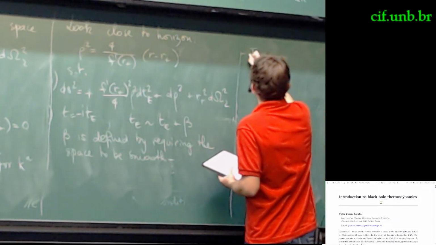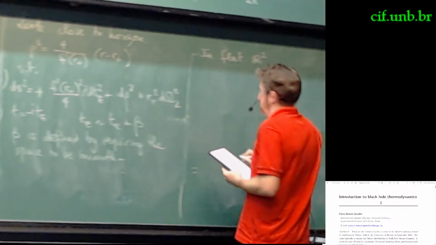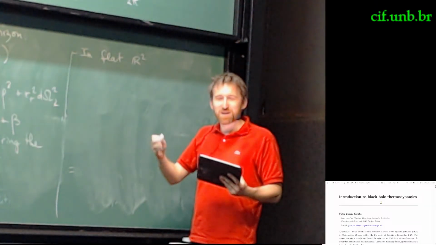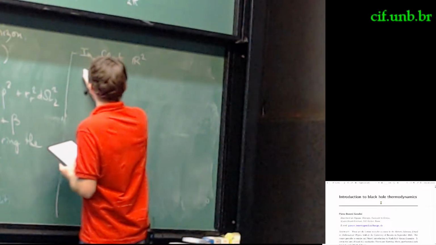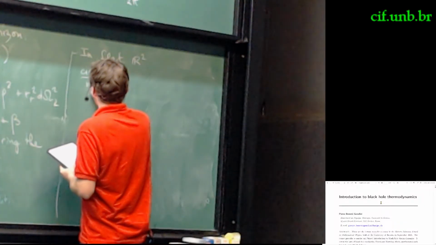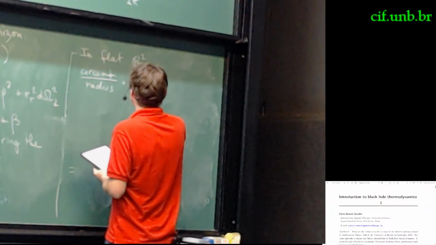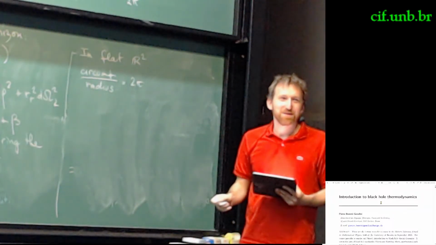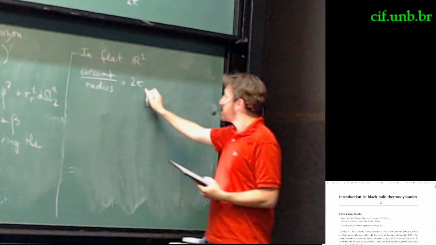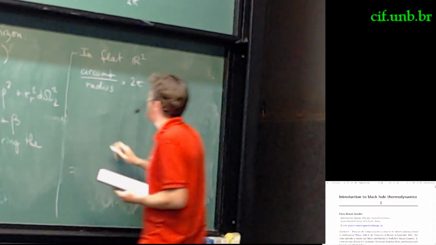Now, in flat R2, circles are defined, in a very formal way, by the fact that their circumference over their radius is equal to 2 pi. It's just a trivial property of circles, but we take this to be the defining property of circles. This is what circles do.